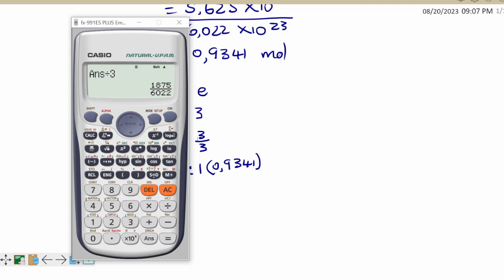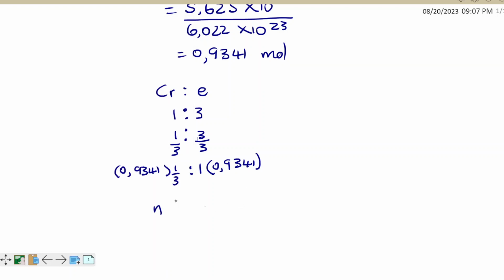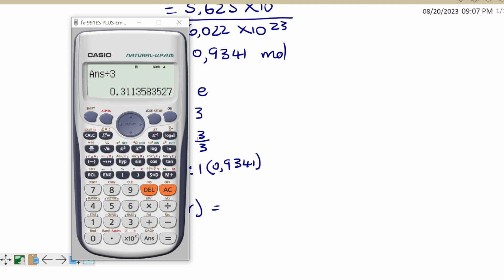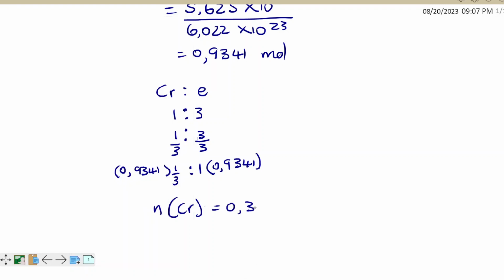So the number of moles of the chromium now is 0,3114 moles. Now we do have the number of moles of the chromium.